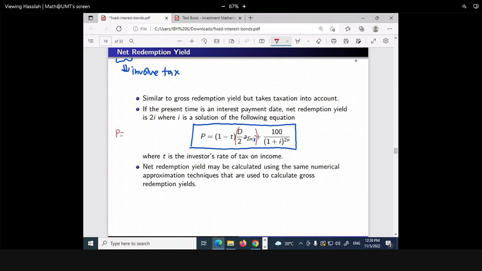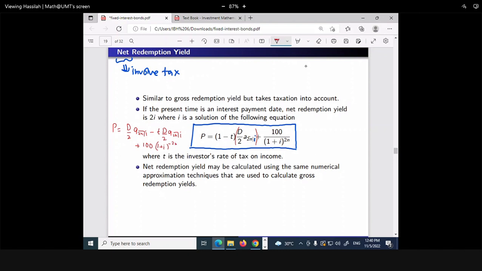P, 1 tolak T. Kalau you kembangkan, dia jadi apa ni? Dia akan jadi P sama dengan D per 2 A sub to NI plus minus T D per 2, plus saya letak kat atas kan negatif 2N.